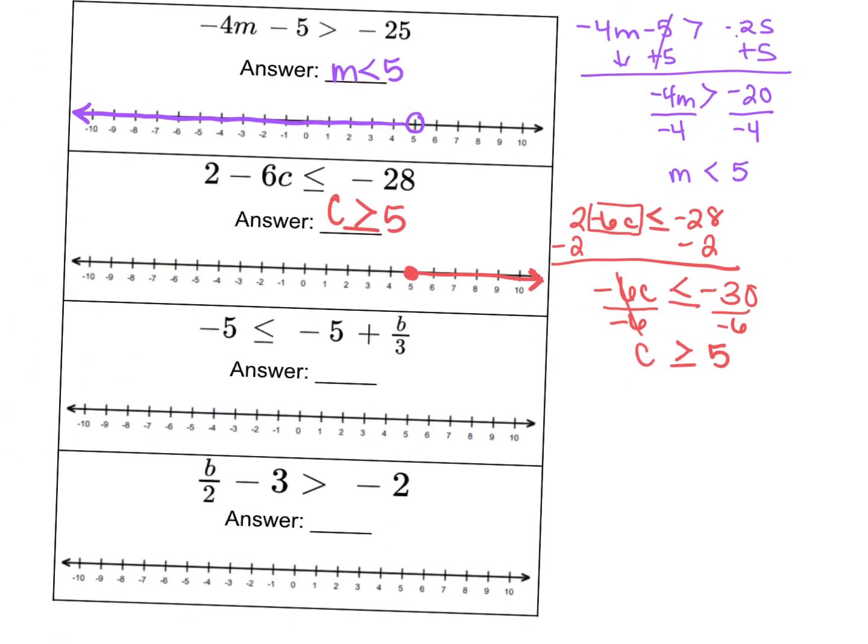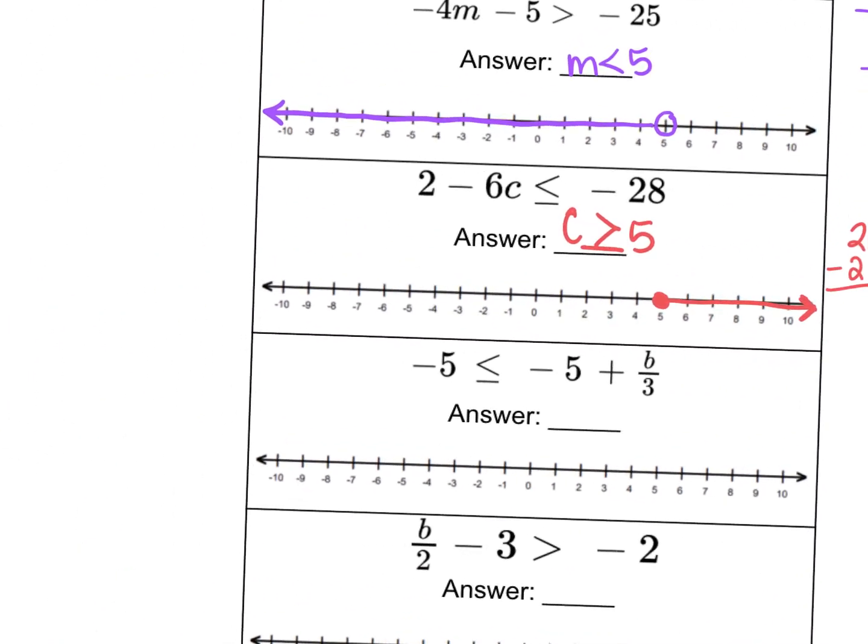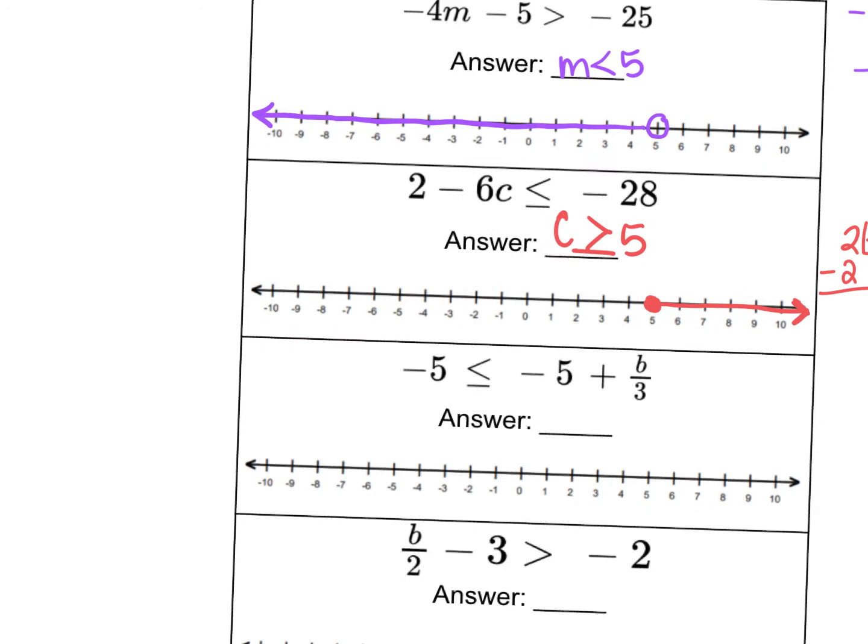All right, next one. I'm going to write over here this time, and let's go with a different color. So we have negative 5 is less than or equal to negative 5 plus b over 3. So now we need to get rid of this negative 5 first. Well, even though we have addition, to undo negative 5, if I owe someone $5, I give them $5 to undo that.